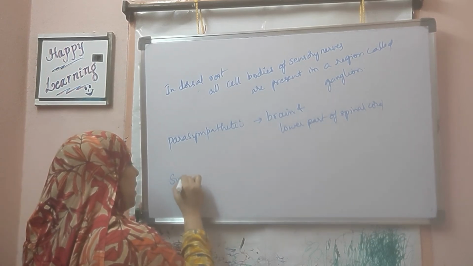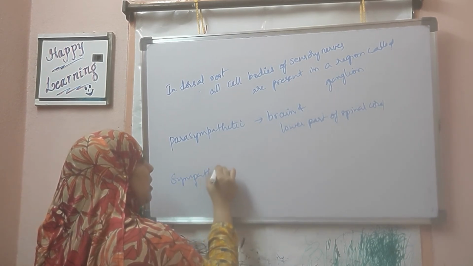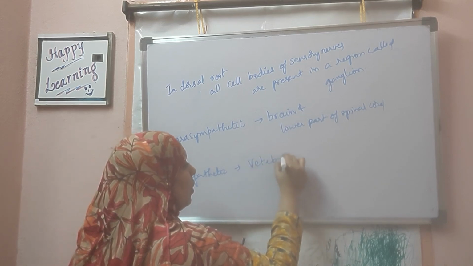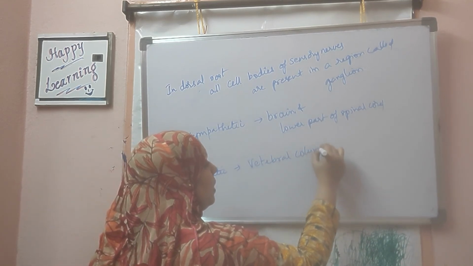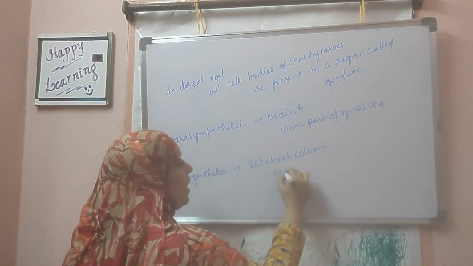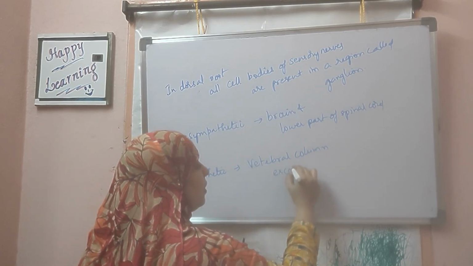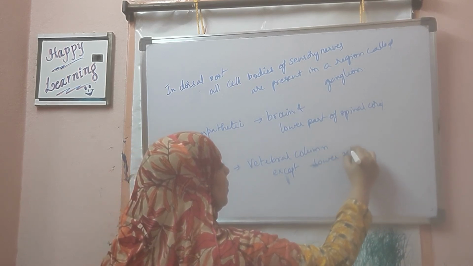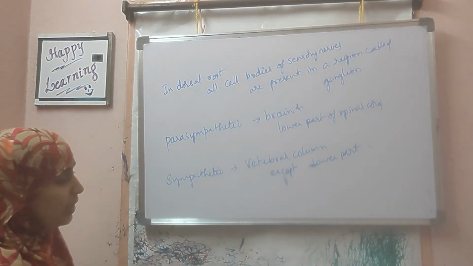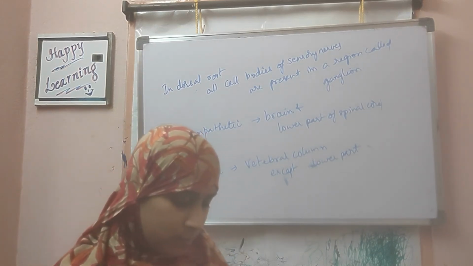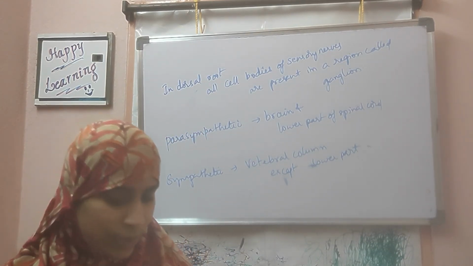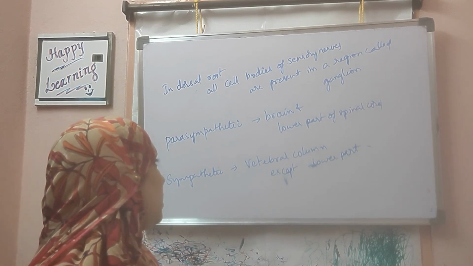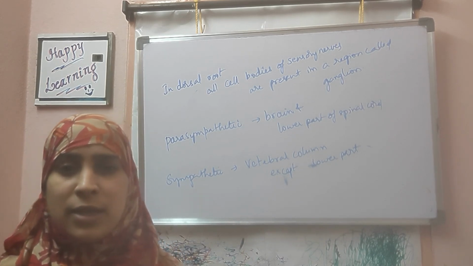For the sympathetic nervous system, the nerves arise from the vertebral column, that means all of the spinal cord except the lower parts. So that is about the peripheral nervous system, and about the sympathetic and parasympathetic nervous systems.